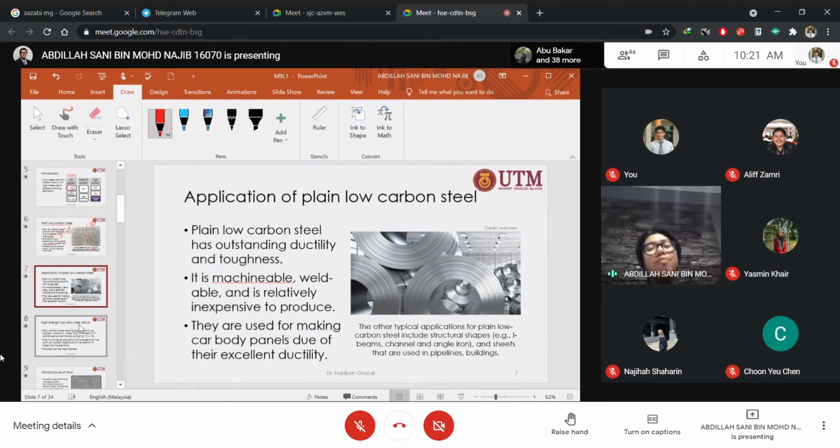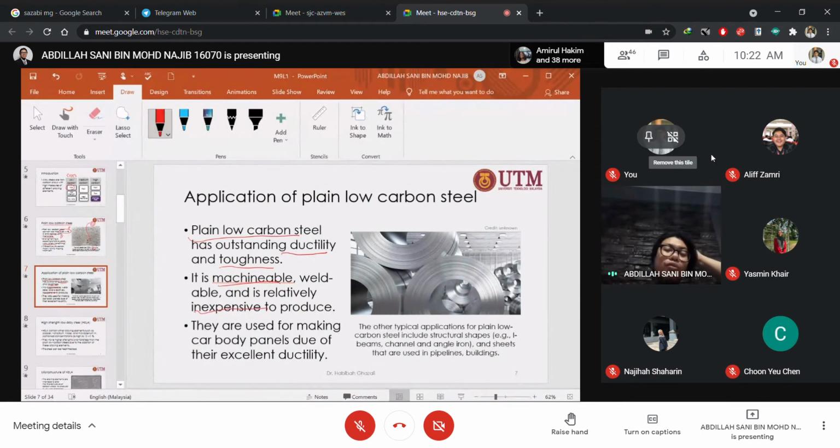But if you don't have that, we could safely say that plain low carbon steel has very good ductility and toughness. It can be shaped easily, it is machinable and weldable, and because we don't use any alloying element, of course, it is not expensive.